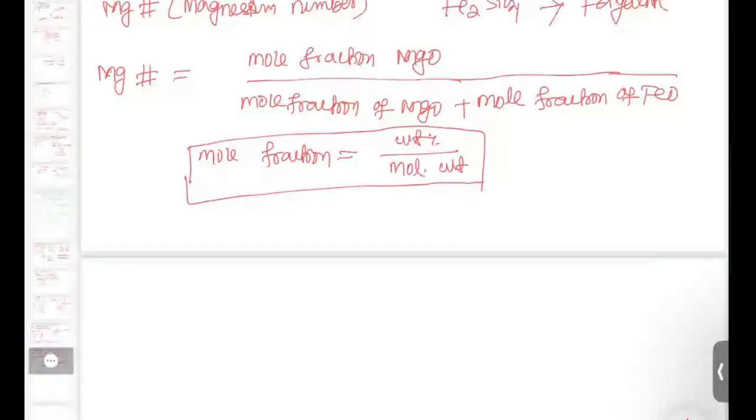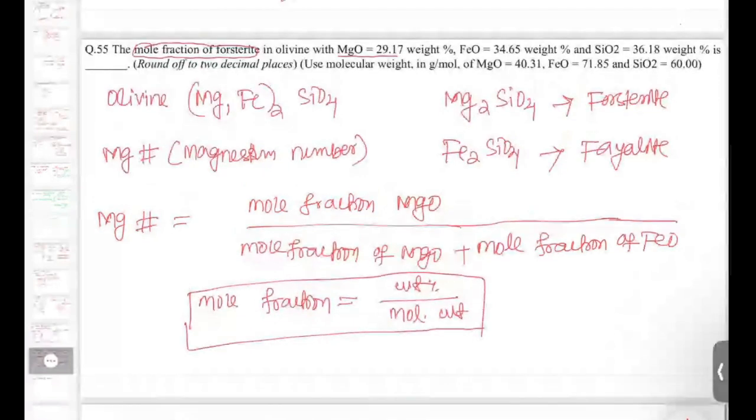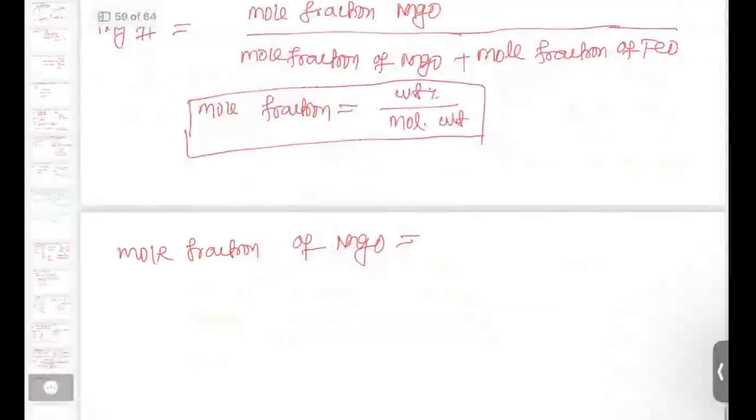So the mole fraction of MgO is equal to weight percent of MgO divided by molecular weight of MgO. So this should be 29.17 divided by 40.31. This should be equal to 0.7236.